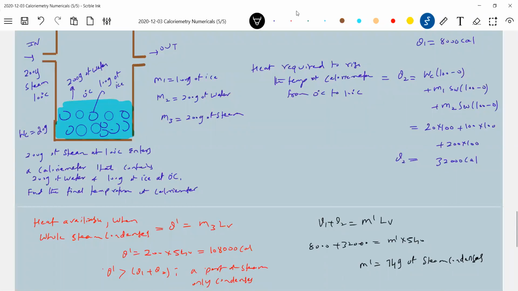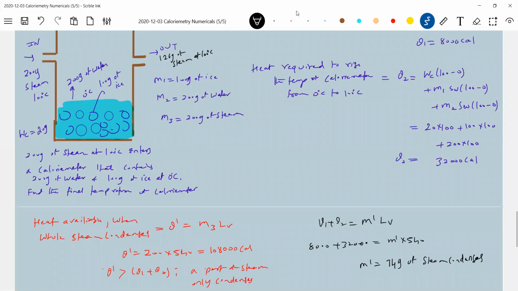So 74 grams of steam condenses. Remaining, how much steam will go out? 126 grams of steam at 100 degrees will come out.